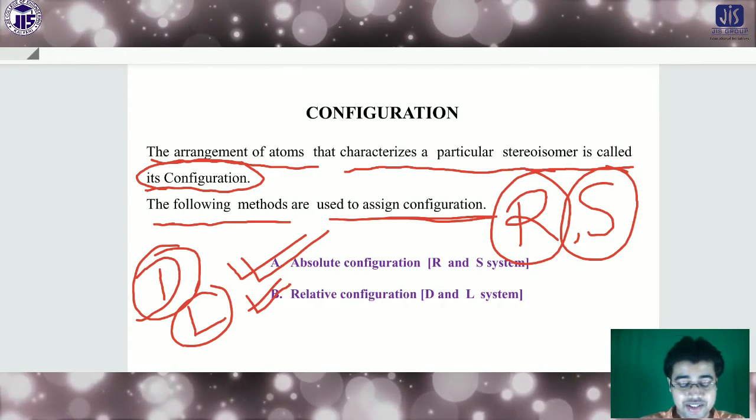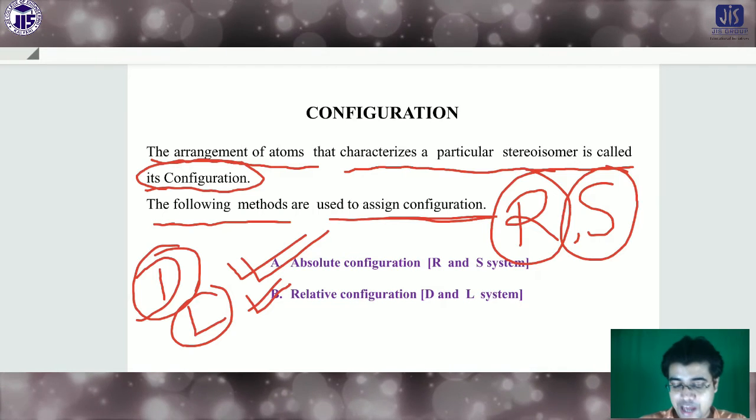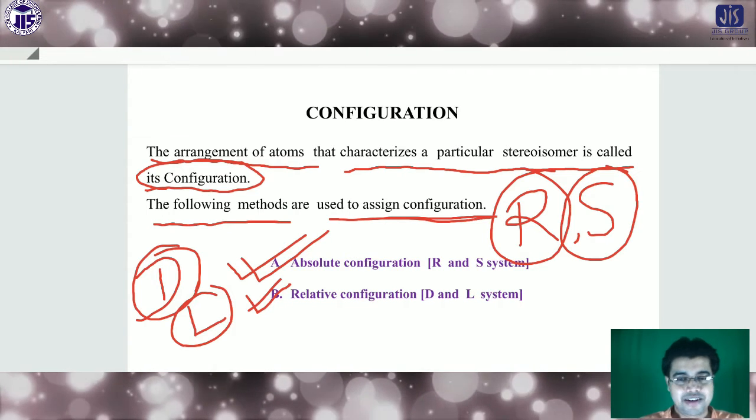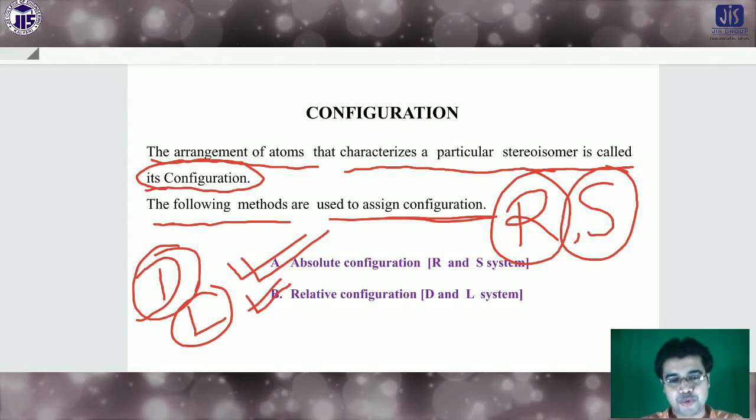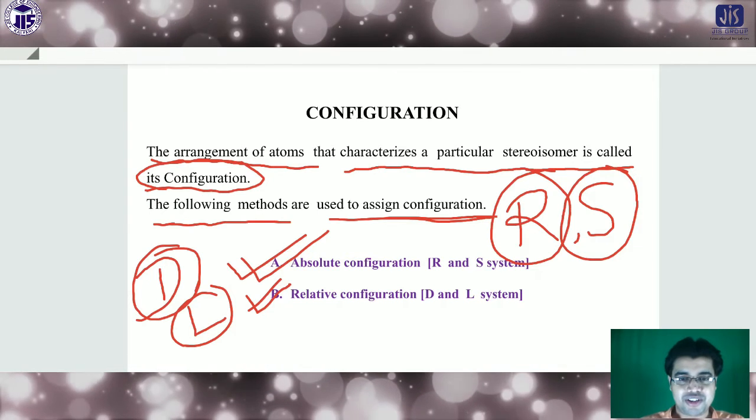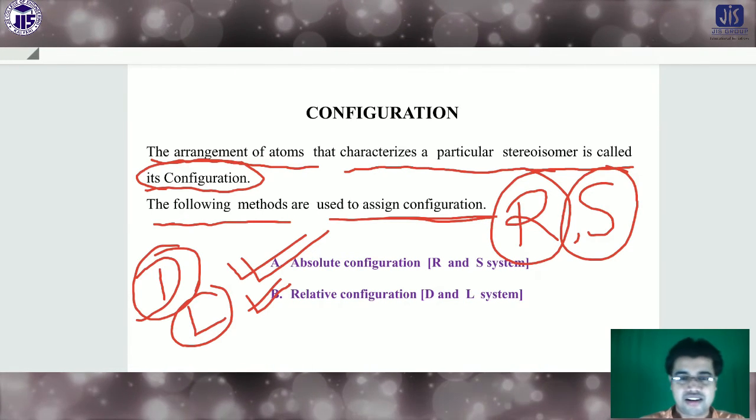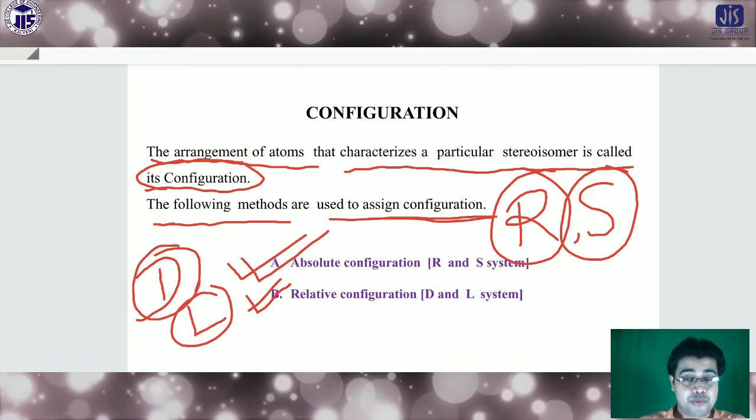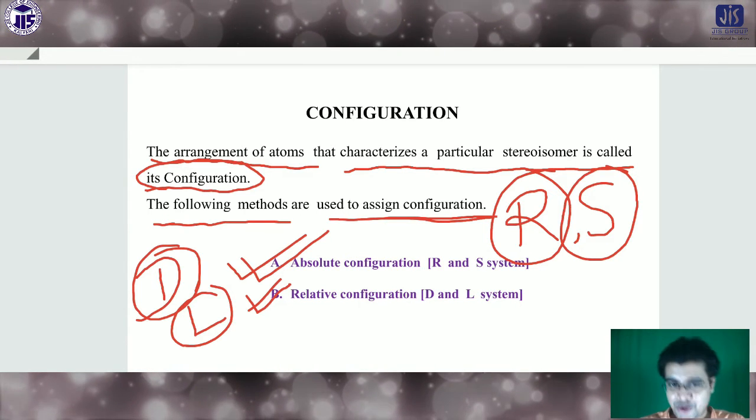I will discuss what capital L and capital D are, but before that you have to know what the R nomenclature and the S nomenclature are.